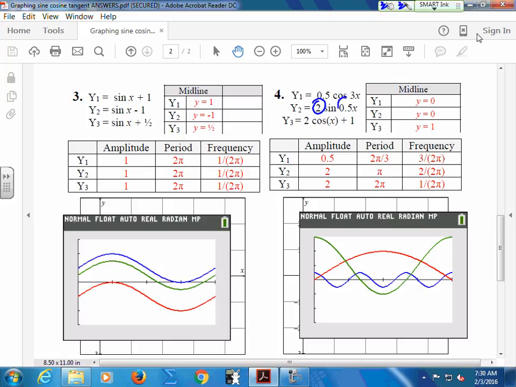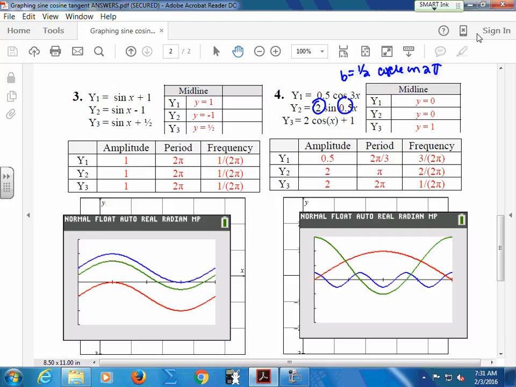But my frequency says you only get a half of a cycle in 2 pi. So here's your half of your sine curve here. Then another 2 pi would give me the other half of my sine curve. So my period has to be 4 pi. I mean, my full cycle has to be 4 pi, my period.